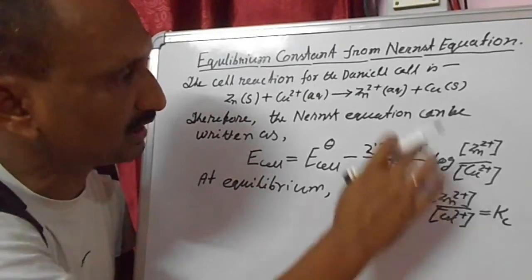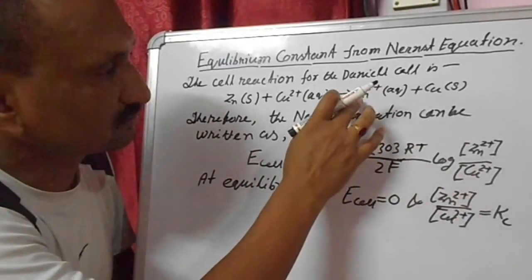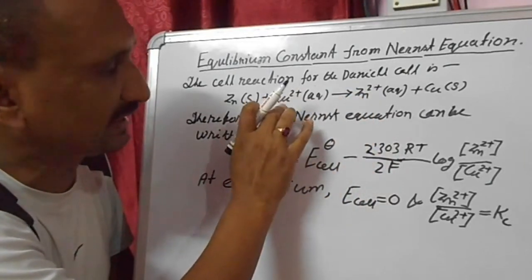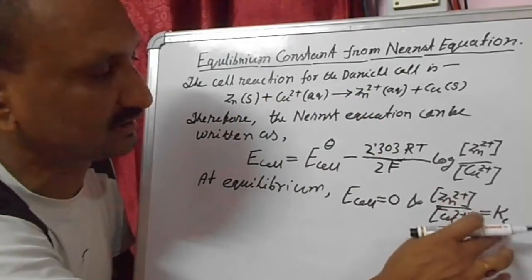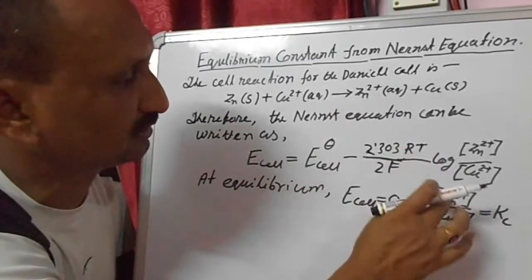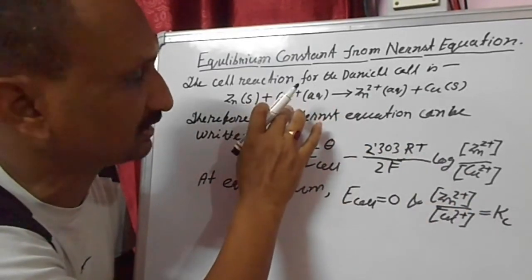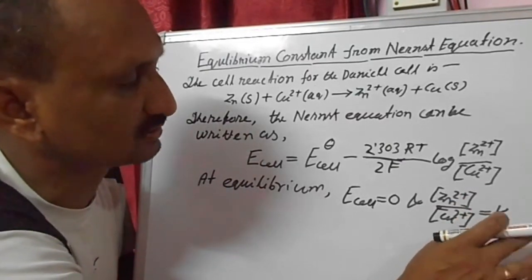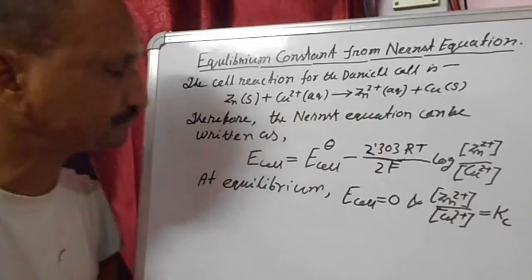And at equilibrium, the ratio of the product to the reactant is equal to Kc, that already we have got. That means the concentration of zinc ion divided by the concentration of copper 2 plus ion is the equilibrium constant Kc, at equilibrium.